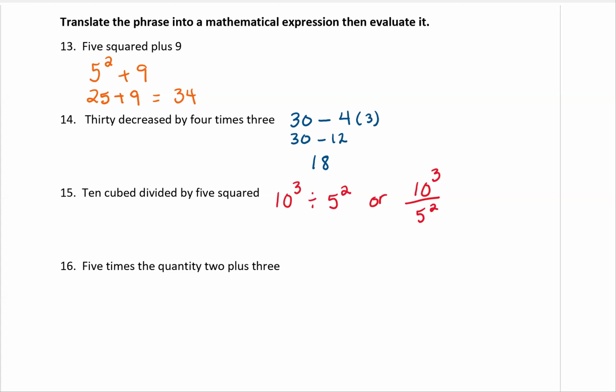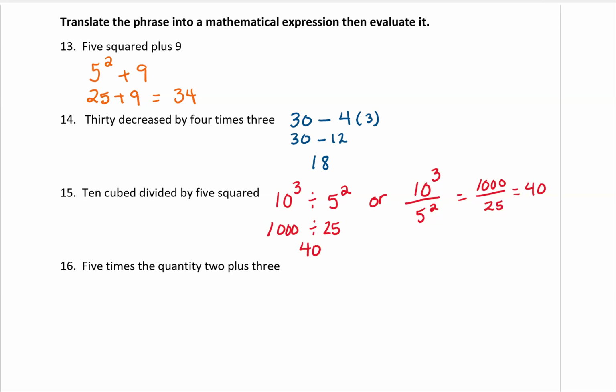Both of these are the same thing. 10 cubed is 1,000. 5 squared, 5 times 5 is 25. And 1,000 divided by 25 is 40. And either way works great.